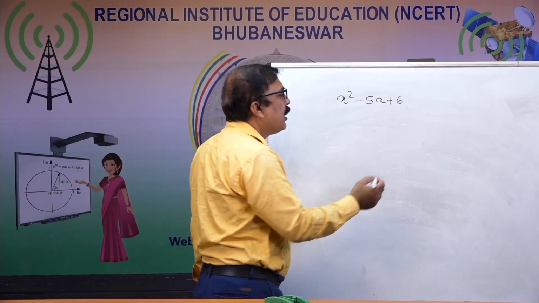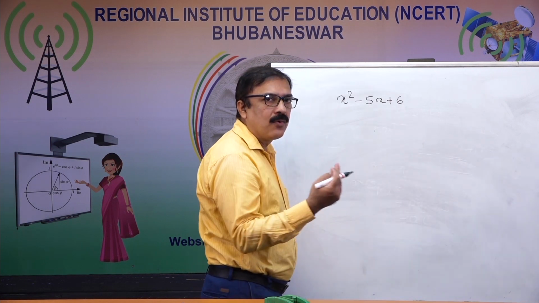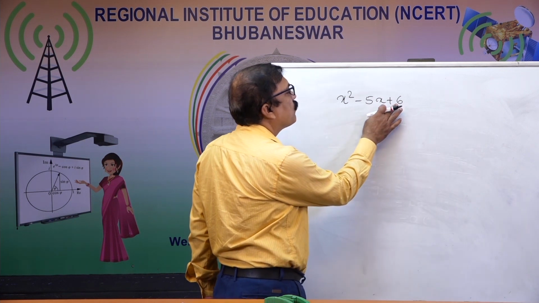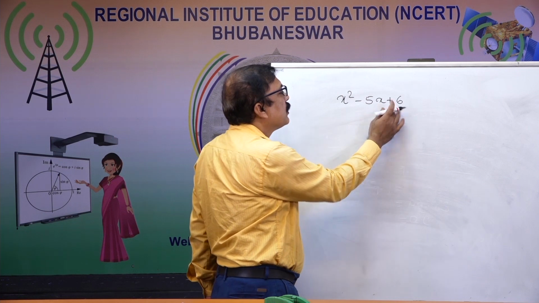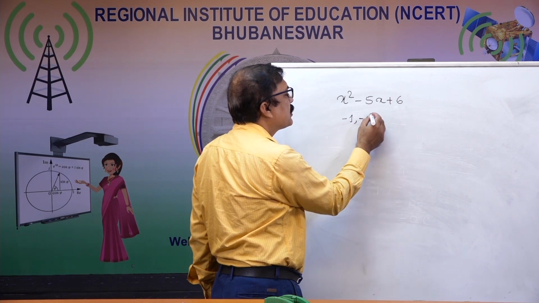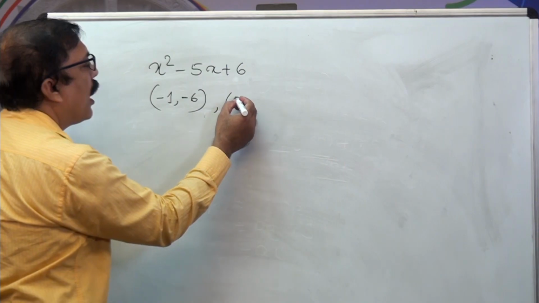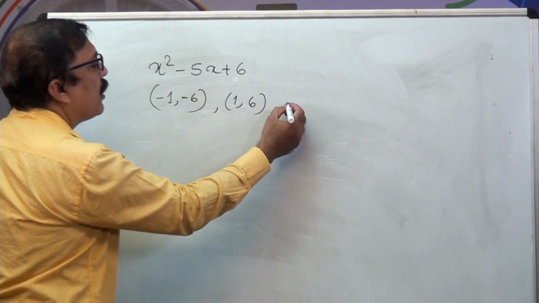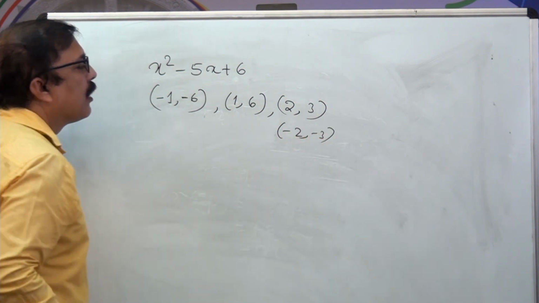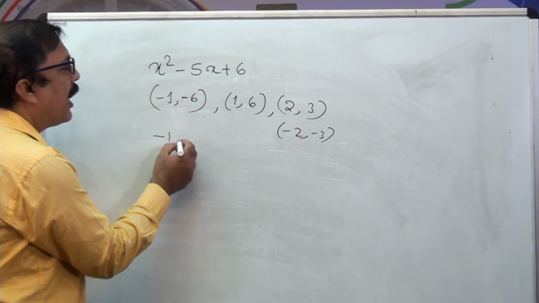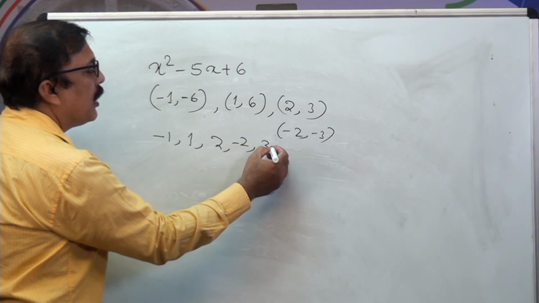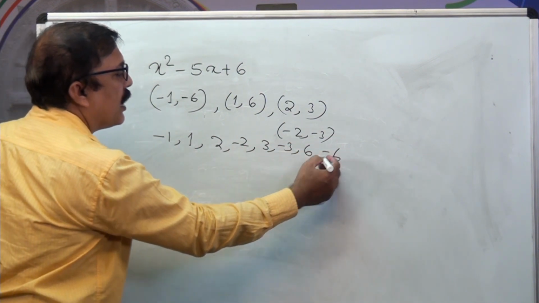If we multiply two linear polynomials, we get two constant numbers whose product gives 6. So how to get that? We can make it by the minus 1, minus 6 pair, by the 1 and 6 pair, by the 2 and 3 pair, and by the minus 2 and minus 3 pair. So we have the numbers minus 1, 1, 2, minus 2, 3, minus 3, 6, minus 6.